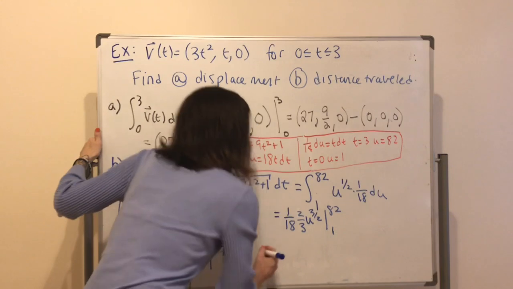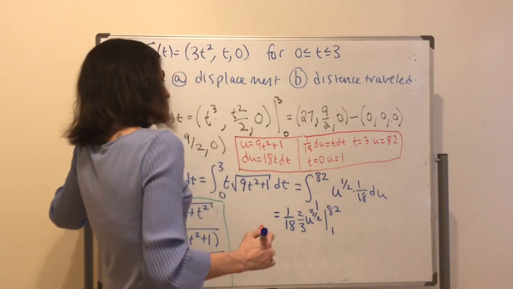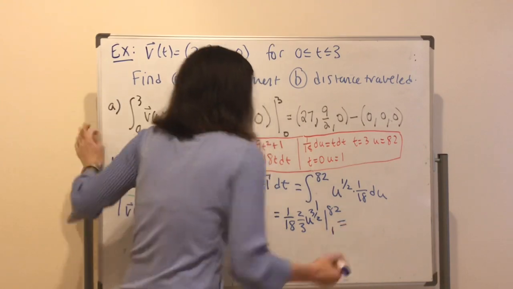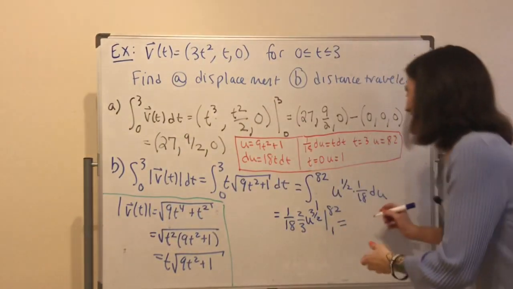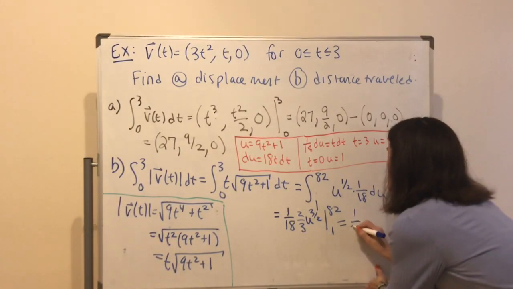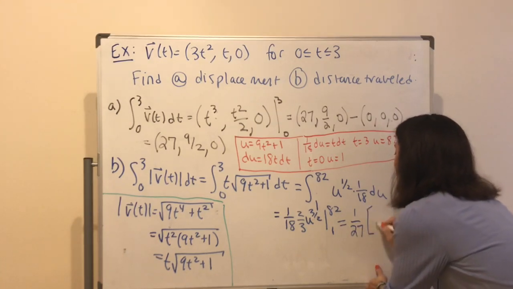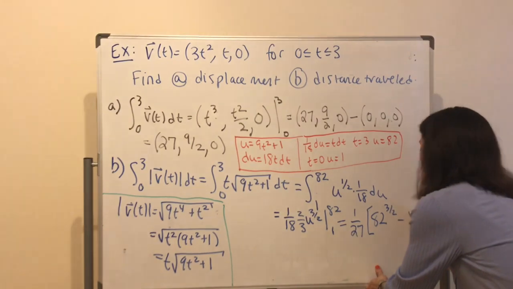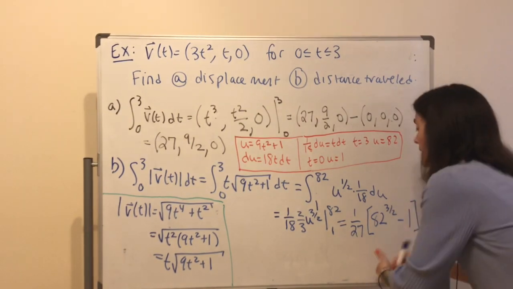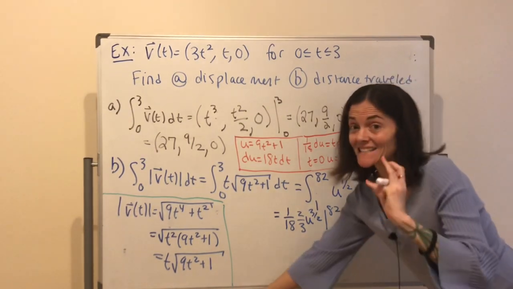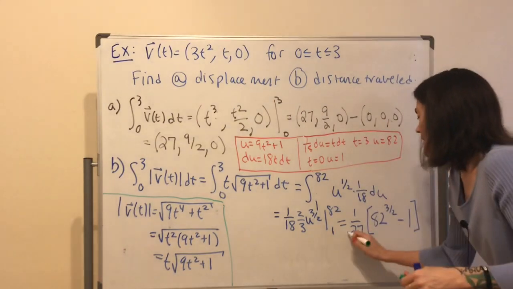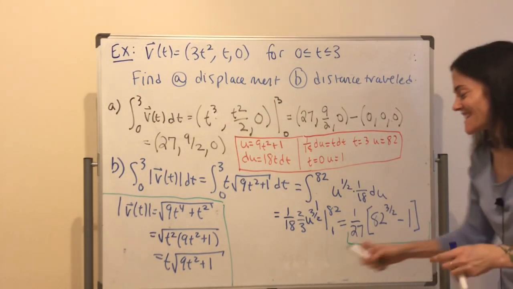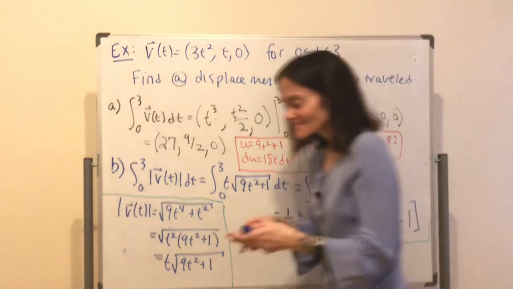And this becomes, let's see, 1 over 27. Then we have 82 to the 3/2 minus 1 to the 3/2, which is 1. This is an exact answer. So this is the exact answer of the total distance traveled.